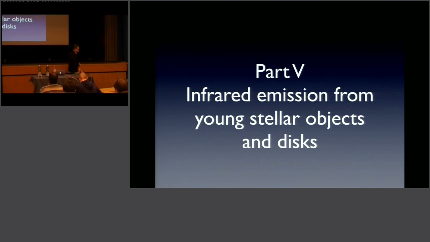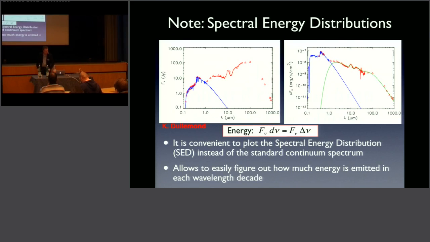So once we have the dust, we can see how these things should look when you observe them, because the dust is basically defining your radiation transfer. First, one note on the spectral energy distributions, because that's what we normally use to plot the continuum emission of young stellar objects as a function of wavelength.